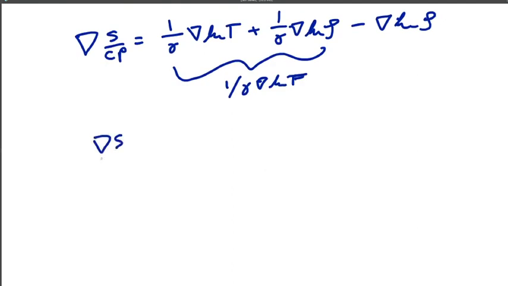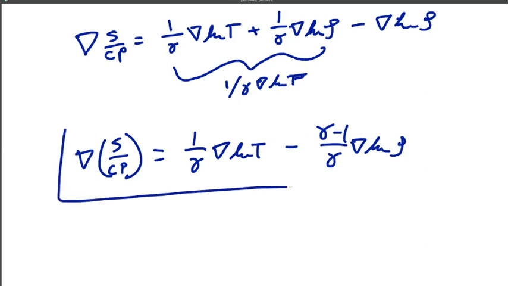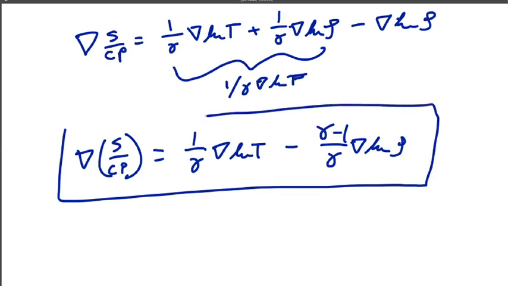Grad S over C_p, for this simplified ideal gas, is equal to 1 over gamma grad log T. And if I combine these terms on the right-hand side for density, this is (gamma minus 1) over gamma grad log rho. And this ends up being a very interesting and helpful identity for us.